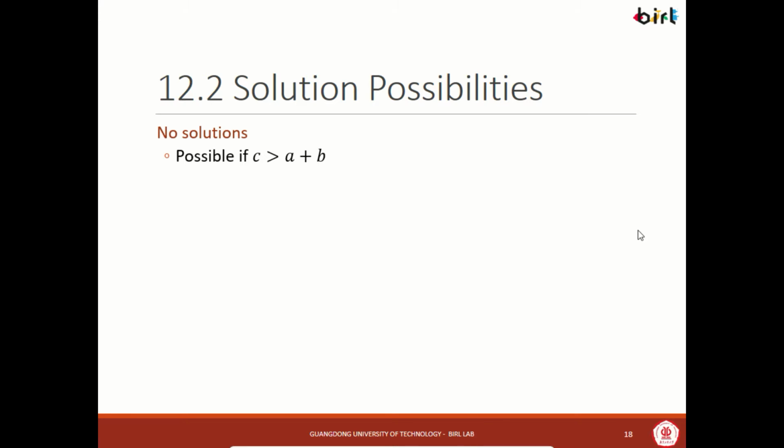Now, I guess the first question is, for the law of cosines, mathematically, when do we not have a solution? In this arm setup, when might we not have a triangle?